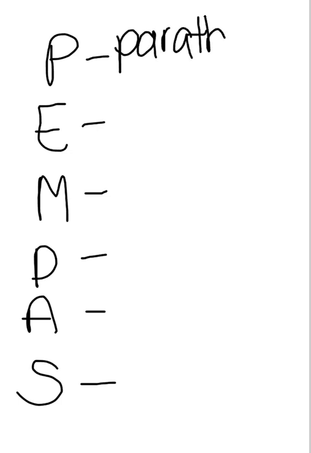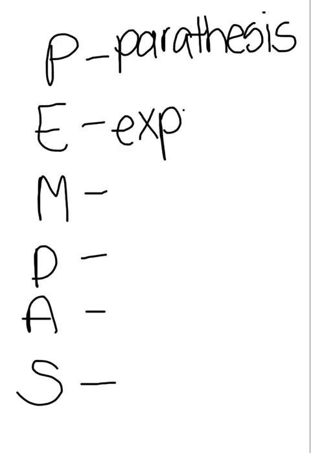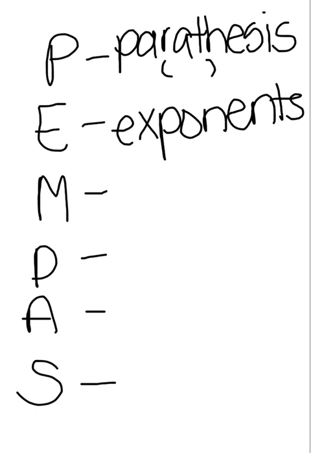So we're going to make a little note so we don't forget, and we can use this as needed. You have probably heard this expression. This is how I learned it: Please excuse my dear Aunt Sally. P is parentheses, then exponents, which is a little bitty number at the top.